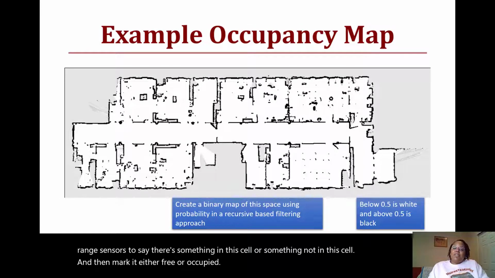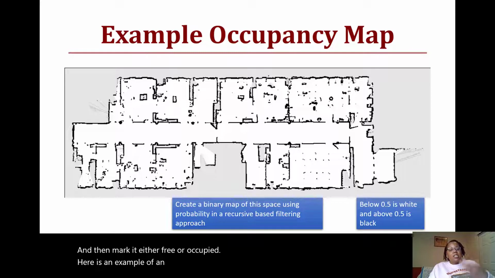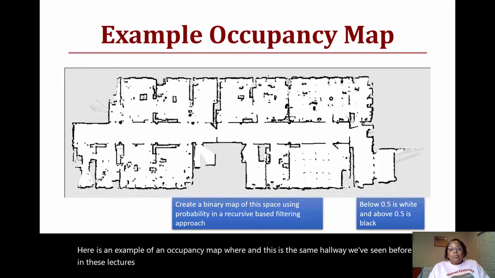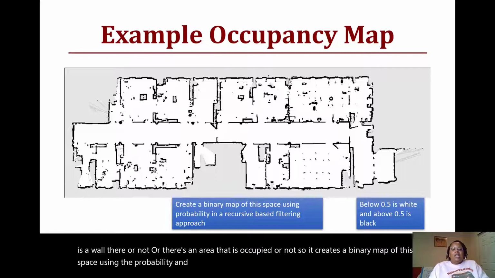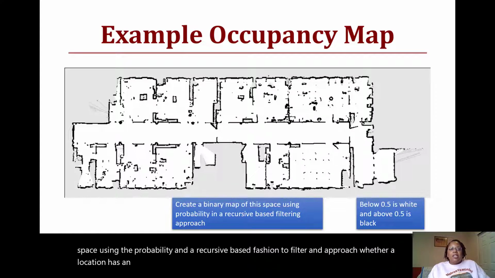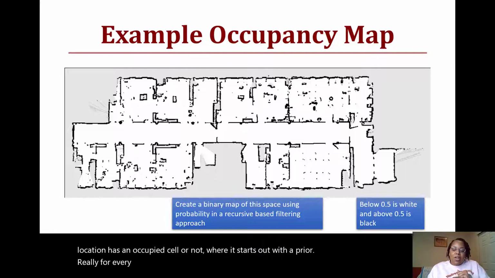Here is an example of an occupancy map, and this is the same hallway we've seen before in these lectures, where the robot drove around and extracts data to determine whether there's a wall there or not, or there's an area that is occupied or not. So it creates a binary map of this space using probability in a recursive fashion to filter and approach whether a location has an occupied cell or not, where it starts out with a prior belief for every cell of 0.5.